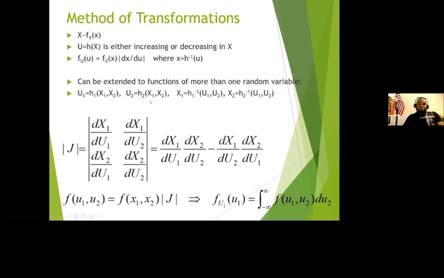Probably because the method of transformation has to be 2 by 2, 3 by 3, or 4 by 4. At the end of the day, I have to integrate the joint of u1 and u2 with respect to u2, so that I'll be able to get my f of u1. That is the method of transformation.